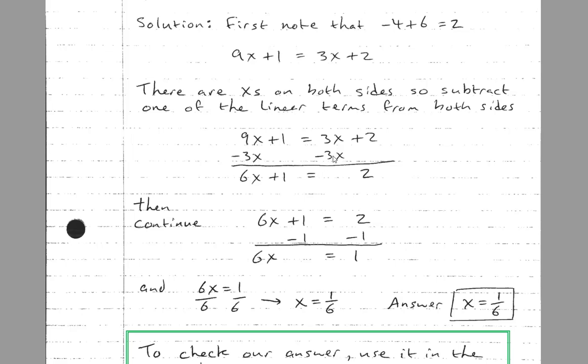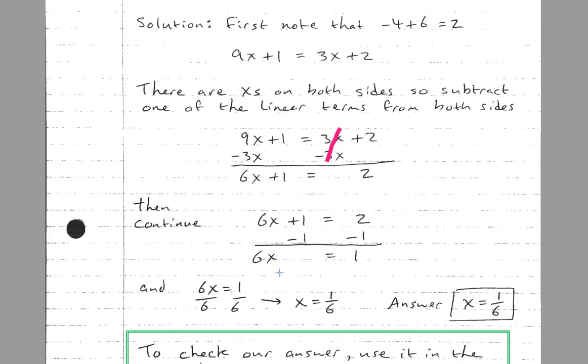Alright, and this is a good step, so this cancels the x's on the right, and now we just have x's on the left. And you want just the x's on one side. Now we can continue like before, so take care of this 1, so subtract 1 from both sides.